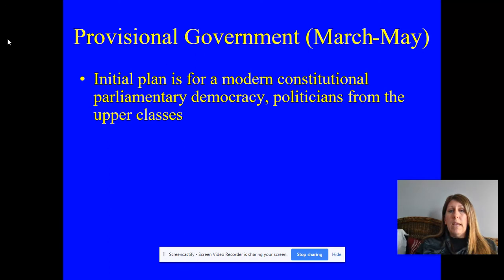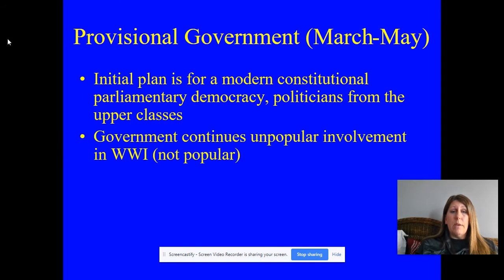And the initial plan is for a modern constitutional parliamentary democracy. And they wanted to bring in politicians from the upper classes. So a lot of your educated elite would likely be ruling the country. That doesn't sit well with the many peasants and industrial workers that weren't going to have any say in the government.